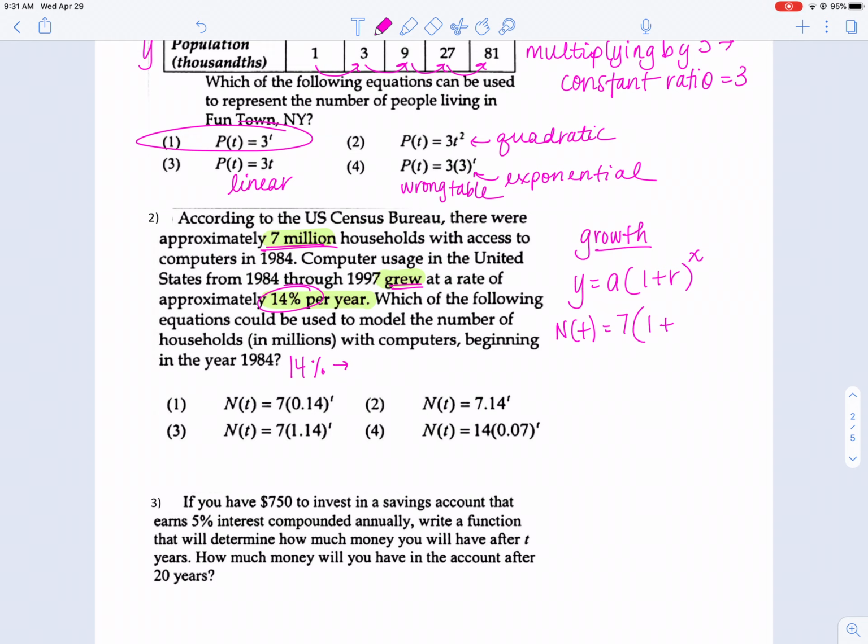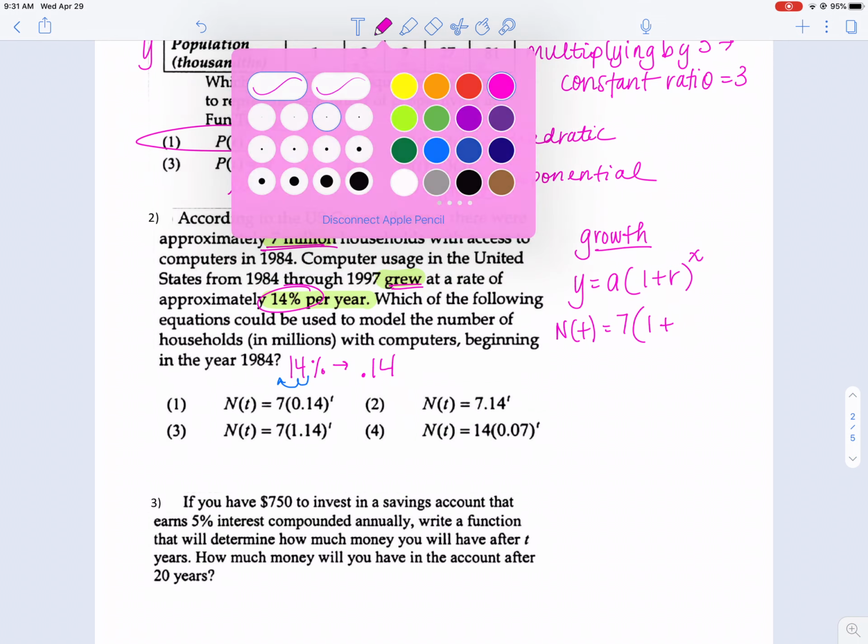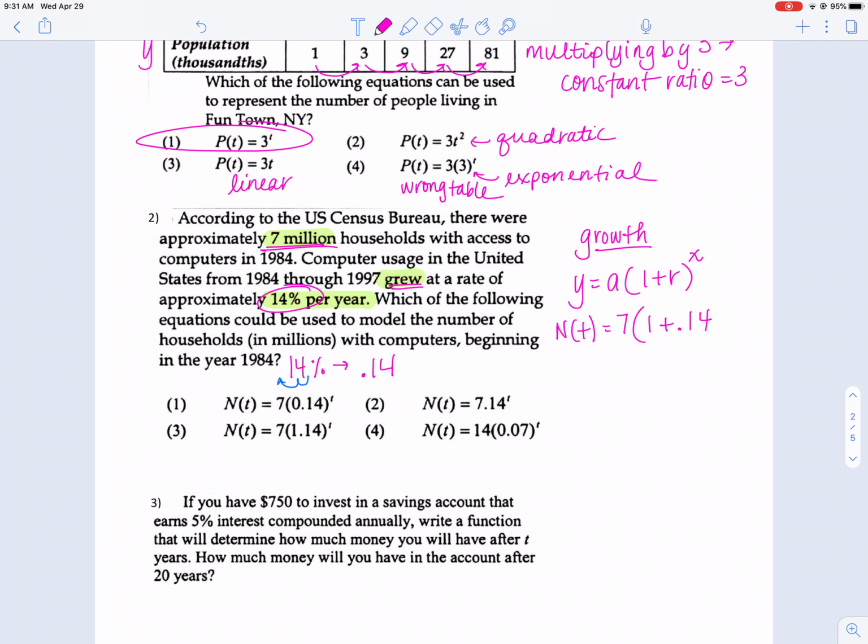You plug it in as a 0.14. Why? It's this move 2 to the left. So I am going to plug in 0.14, and I'm raising it here. Instead of using an x, they're using t for time, especially because you have t here. So now you don't see that answer, 7 times 1 plus 0.14 to the t.